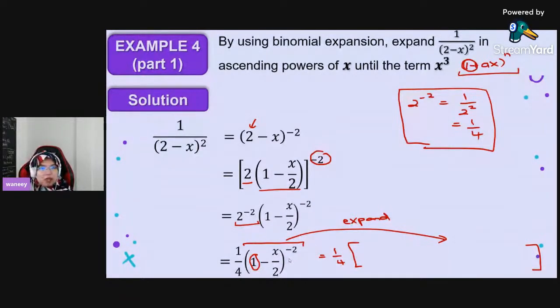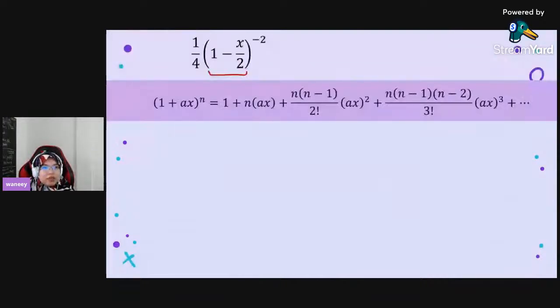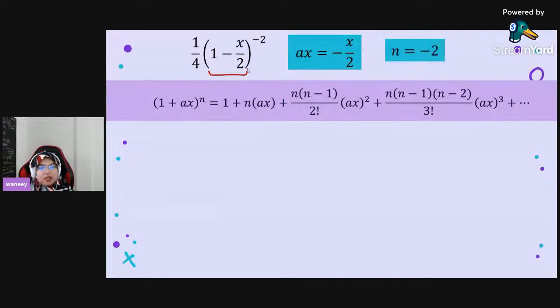Okay, so expand this one. a is negative x over 2, n is equal to negative 2. So 1 over 4, and the first term is definitely 1 in the expansion.